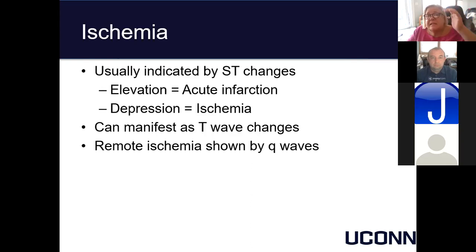Elevation is acute infarction. So infarction means there is beginning to be damage to the myocardium. Depression is a sign of ischemia, which means not enough blood, get me some blood. Excuse me, not enough oxygen, get me some oxygen. And then T waves can flip, in relation to the P waves, also a sign of ischemia.